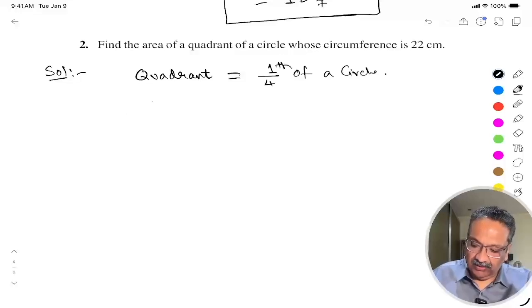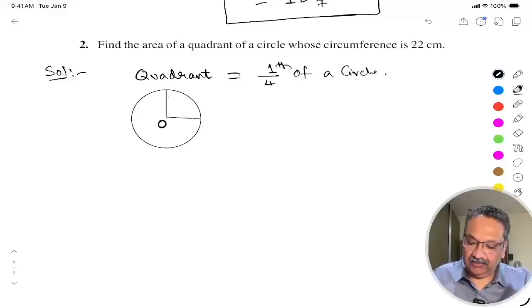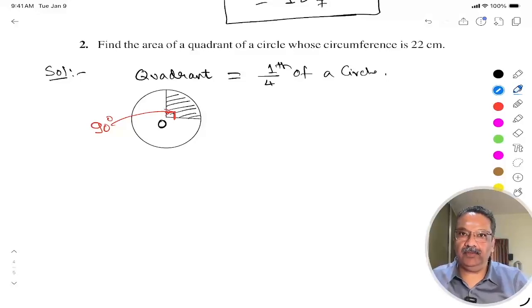If this is the circle, and this is the center, this will be the quadrant, right? So 1/4 of a circle, and this angle will be 90 degrees.